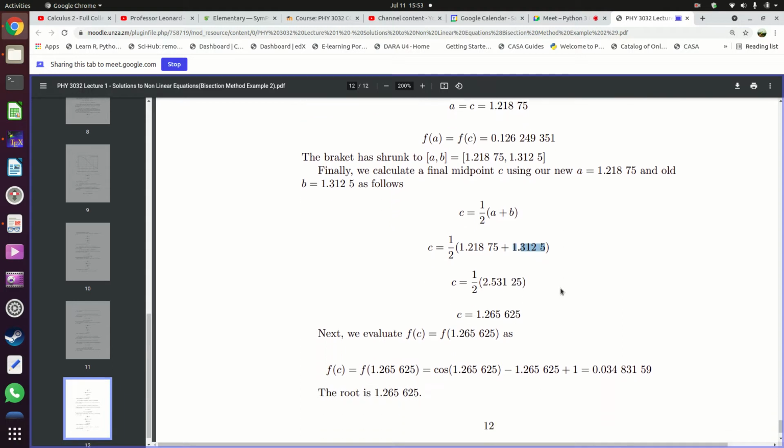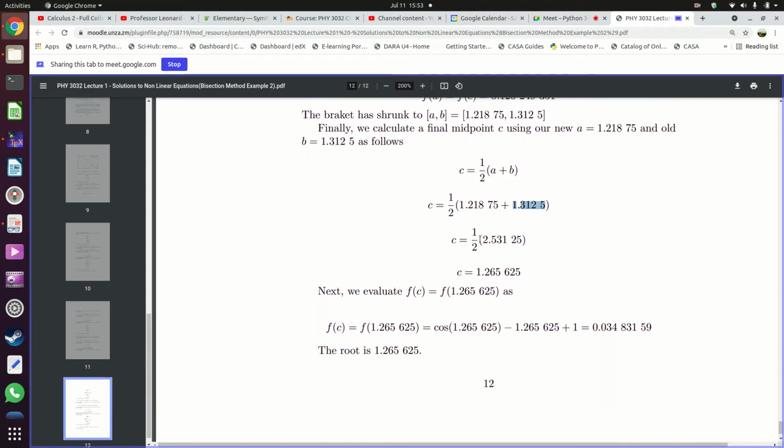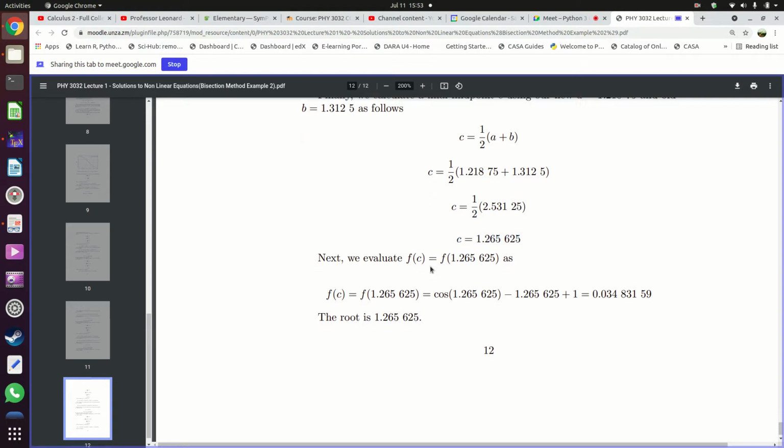When you do that, we end up with c equals half of 2.53125, which gives us c equals 1.265625. This is going to be our value of c, our final root.